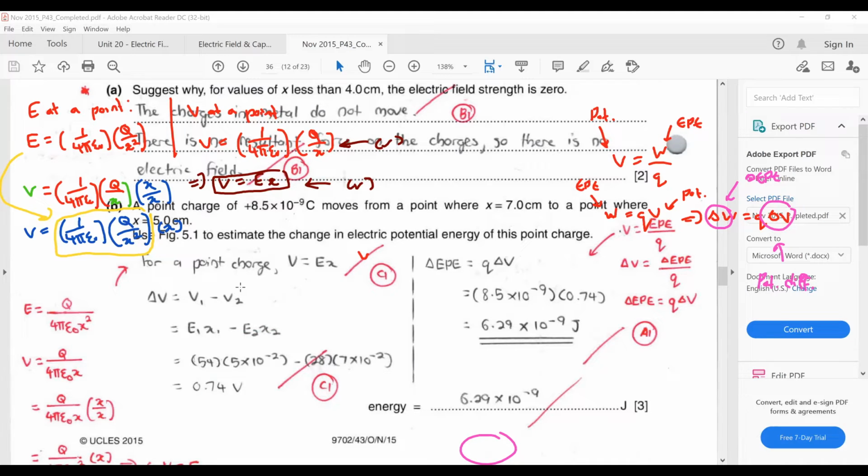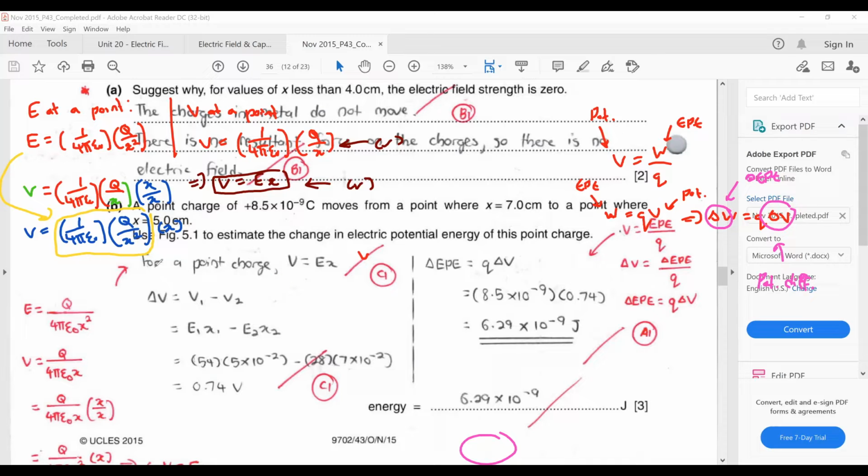For point charge, V is equals to EX. Maybe I need to write this. Actually, maybe it's better not to write for point charge.